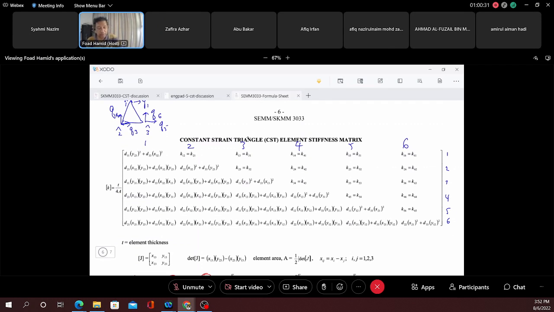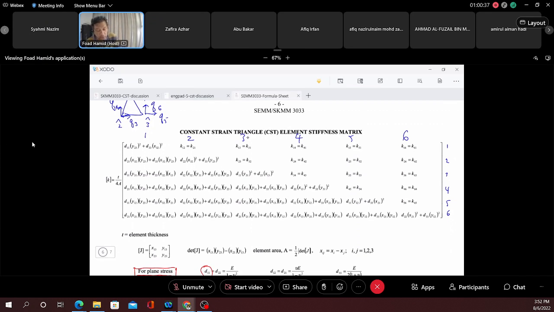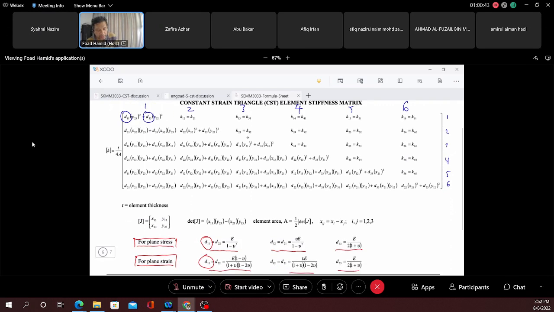So before we can use this formula, I mean this formula sheet, you note that we need to have D11, D33, and so on. So D depends on what kind of problem you are dealing with. Are you dealing with plane stress or plane strain? In my case, I say this is a plane stress problem. Okay, so I can calculate my D11, which is equal to D22, and so on. So let's calculate that one.